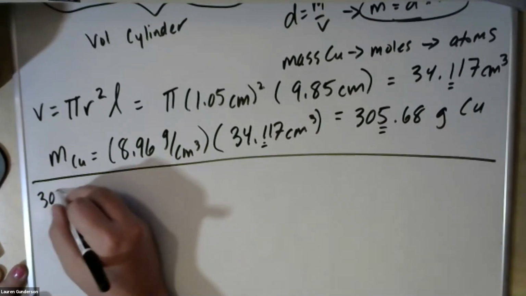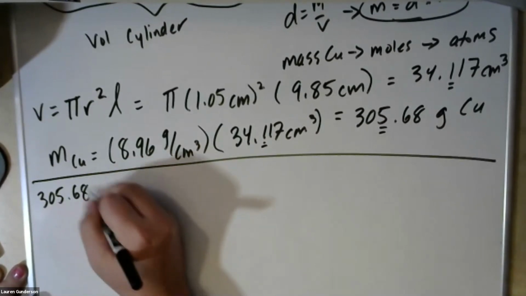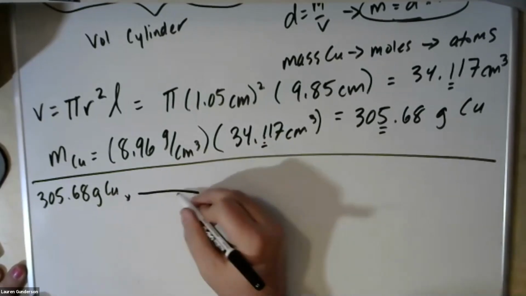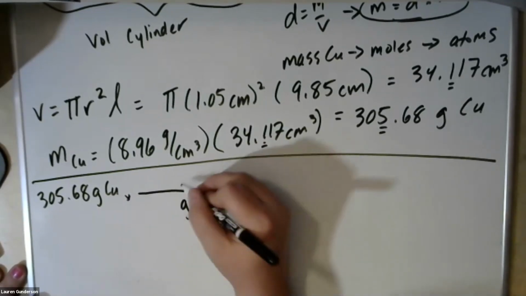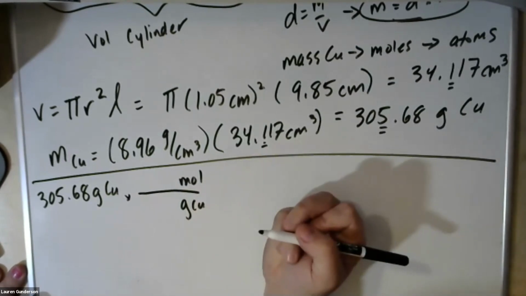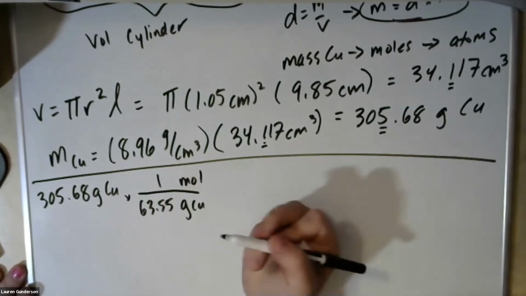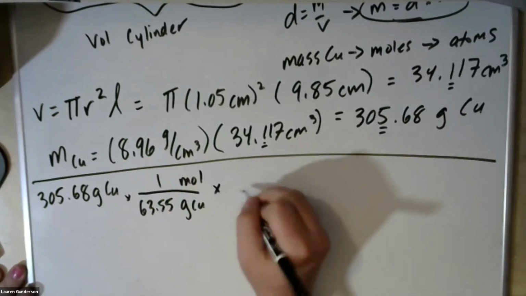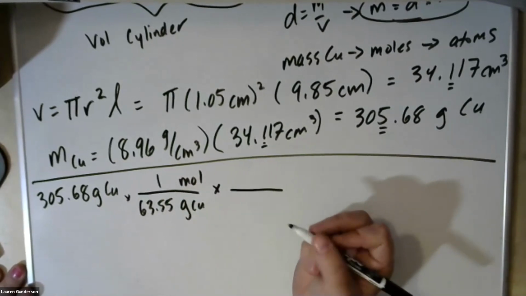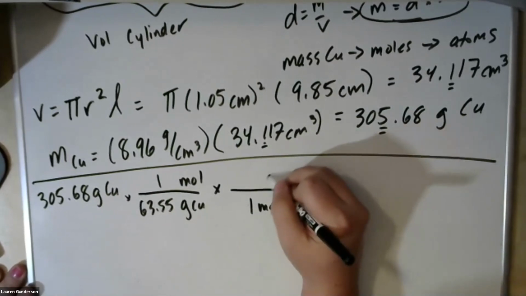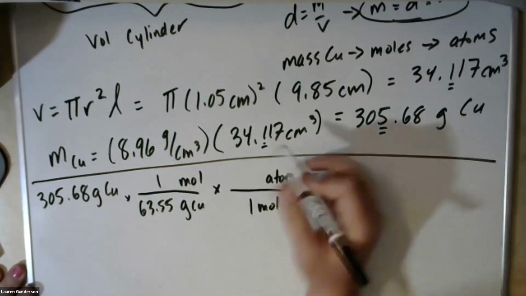Okay, so I have 305.68 grams of copper. If I look on my periodic table, I know that I can go from grams of copper to moles of copper. There's 63.55 grams of copper in 1 mole of copper. And then I'm going to go from moles into atoms using Avogadro's number.